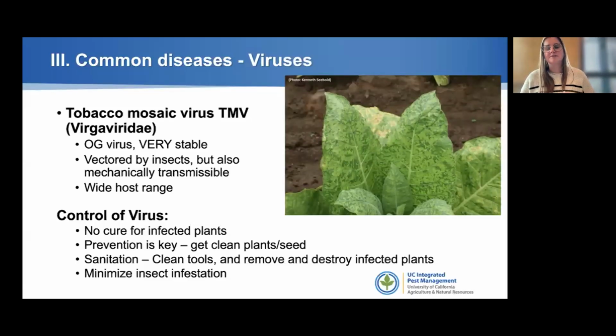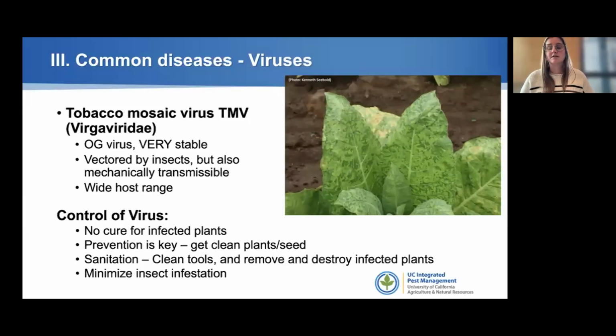I find that tobacco mosaic virus is a little less common than the other viruses, like tomato spotted wilt virus, but tobacco mosaic virus does have a broad host range and can survive in weeds. Now, the good thing about control for viruses, or the bad thing, however you want to look at it, is that while determining the individual virus may be difficult, oftentimes the management is the same.